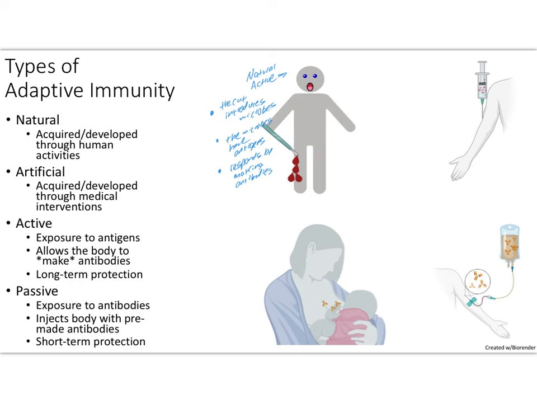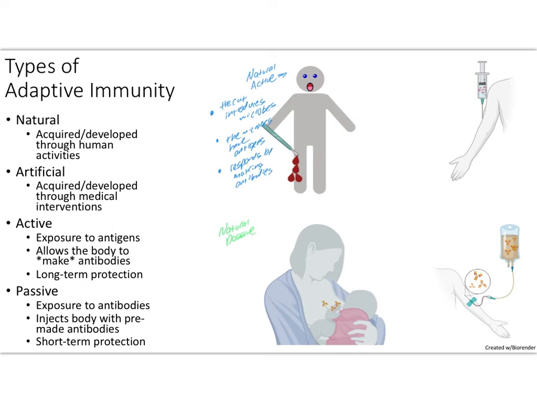So there are really only two main times in our life that we acquire natural passive immunity. And that is when we are developing as a fetus and also during breastfeeding if we are breastfed.